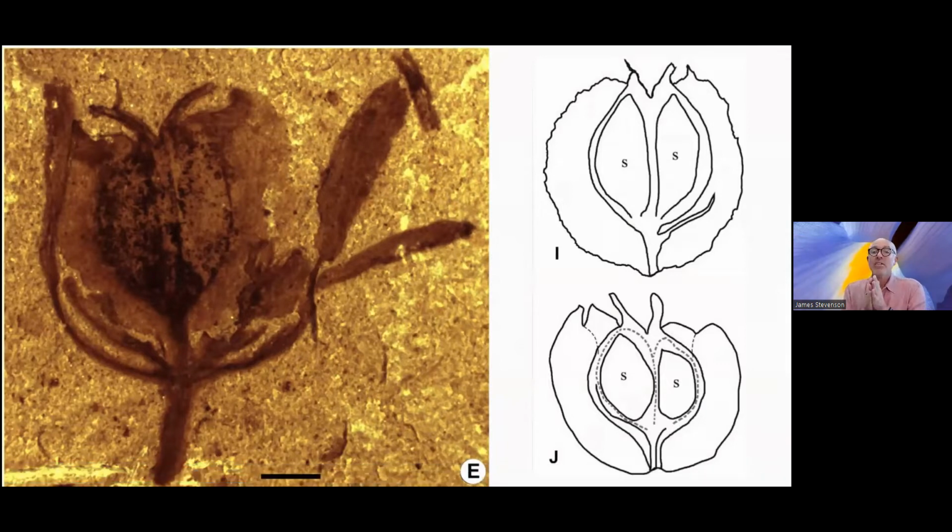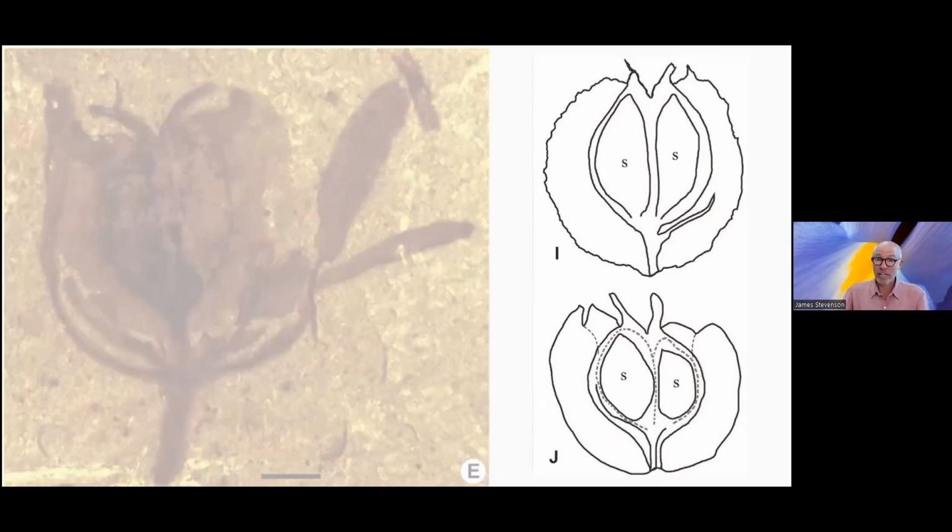Within the fossil record, there is also evidence of ripened ovaries with seeds inside. So instead of just sitting on the edge of a pine cone scale, these are encapsulated into an ovary.